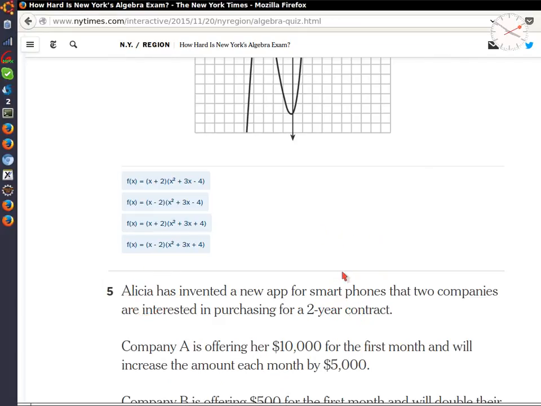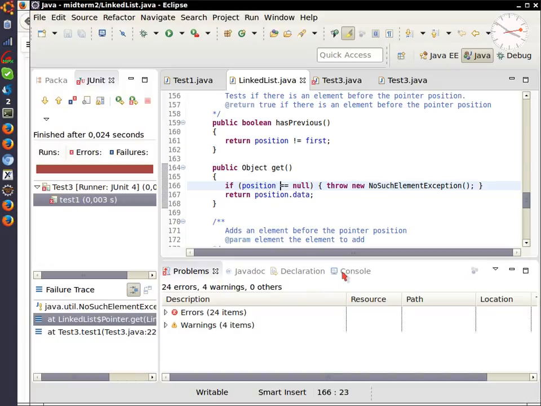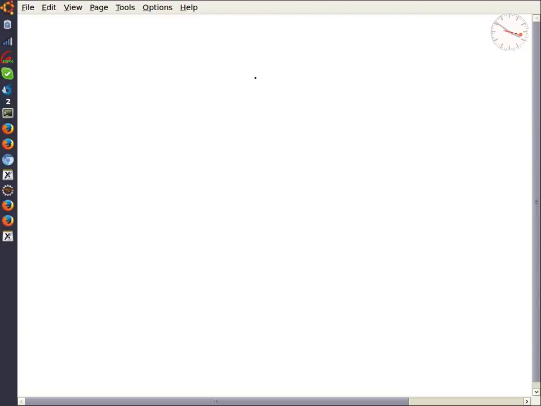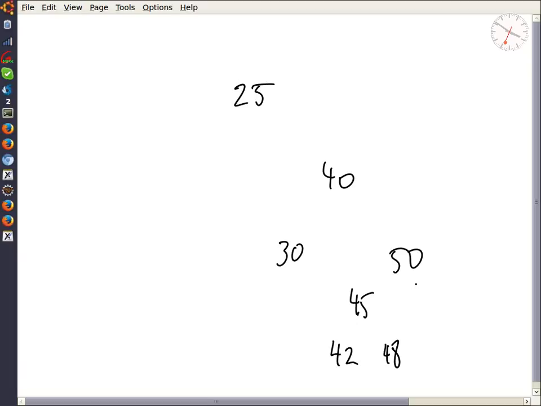So I can give an example. And let's say now I want to remove 50.